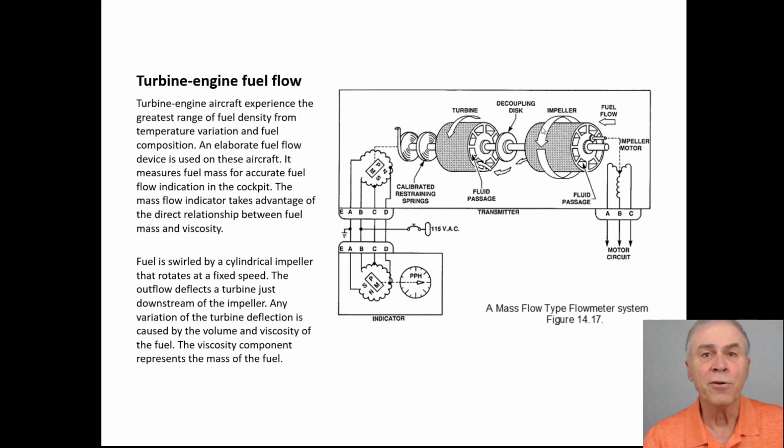Yes, the turbine engine fuel flow. It's the impeller sending the fuel to turn the turbine, which is attached to two calibrated springs, and the measurement is taken based on the viscosity and the friction and the movement, the relative movement through a wired device, which it looks like it's a synchro type device.